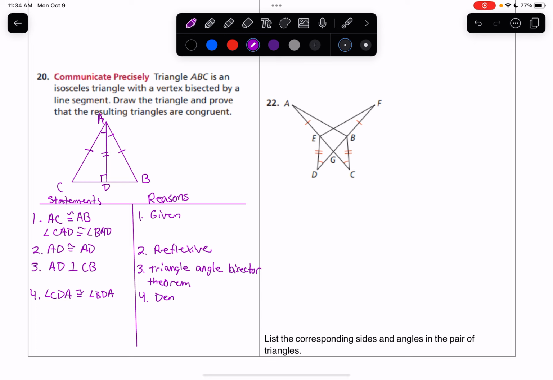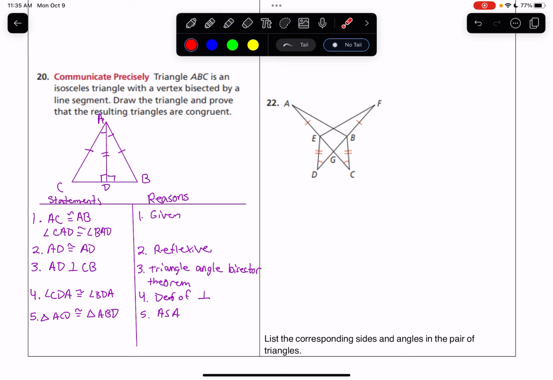And now I know that these triangles are congruent. Triangle ACD is congruent to triangle ABD by angle side angle, because I've got this top angle, this side, and this bottom angle.